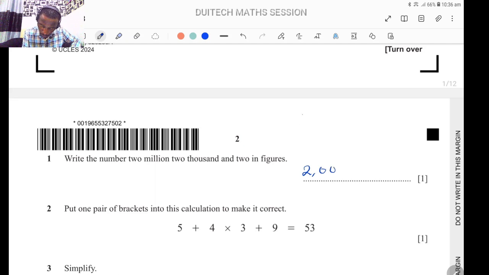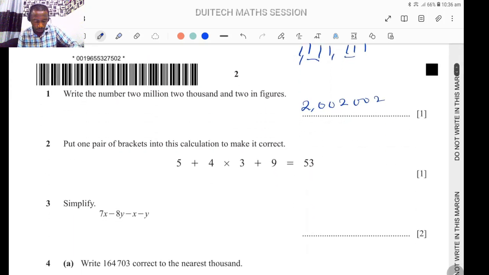Remember, when we say million, let's say we have it as 1,111,111,111. But in this case we have 2,002,002. That means these ones are 0, so we put 0. So we have 2,000, then it said 2. That means these ones are also 0, so we have 0 and 2. So that is the answer.